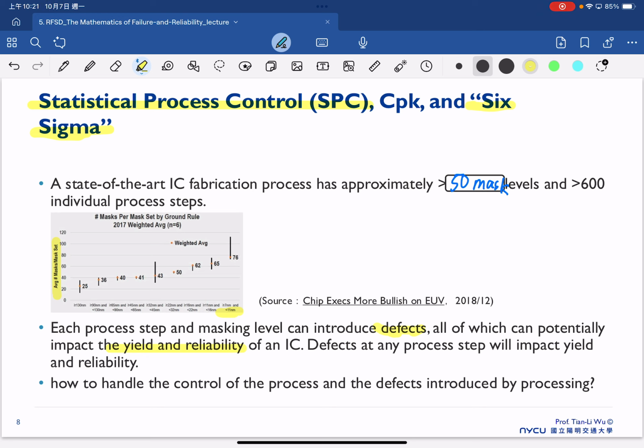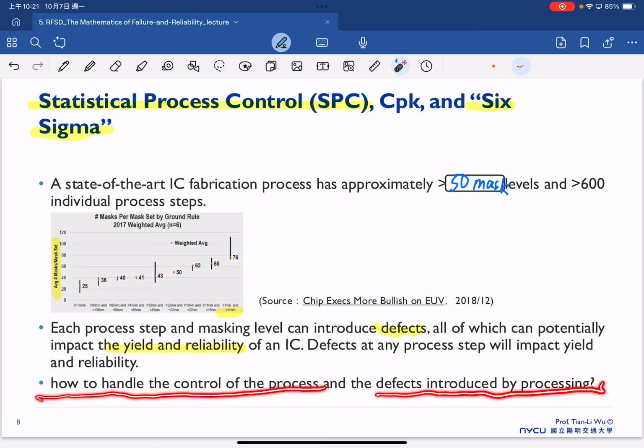As long as we have a defect, that always has a certain impact on the yield and reliability. And defects at any process step will impact the yield and reliability as well. So the question is how to handle and control process defects introduced by processing. So now we have to introduce a concept called statistical process control.